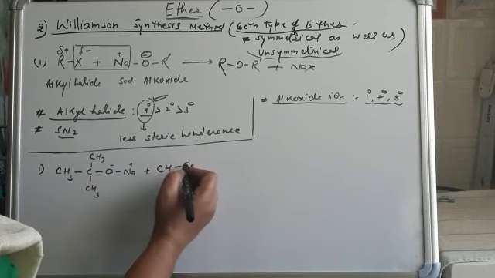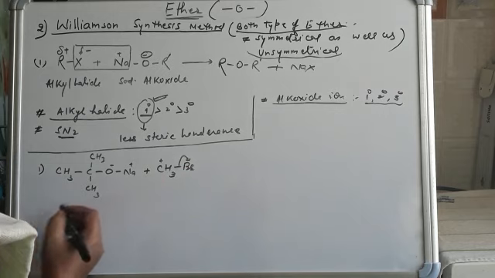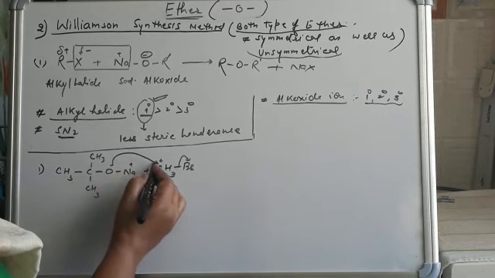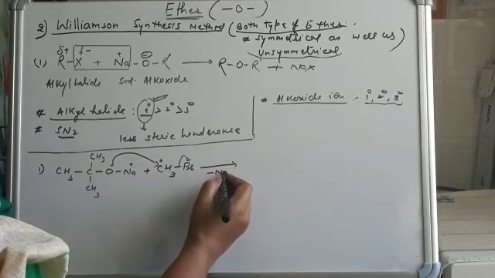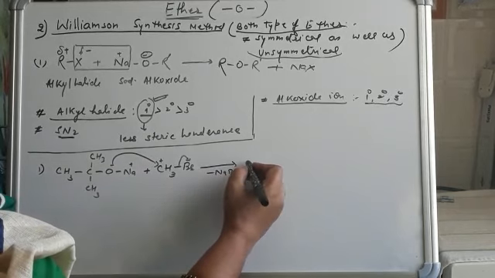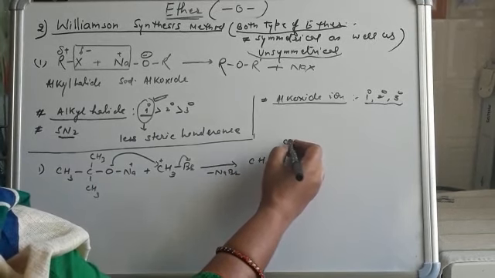What happens? Bromine is more electronegative. It takes 2 electrons and gets removed. Here it acquires a positive charge. It donates its electron. So the removal of sodium bromide and the formation of ether takes place.